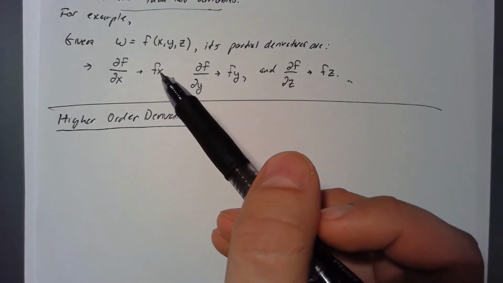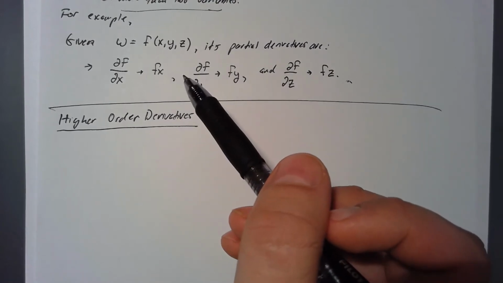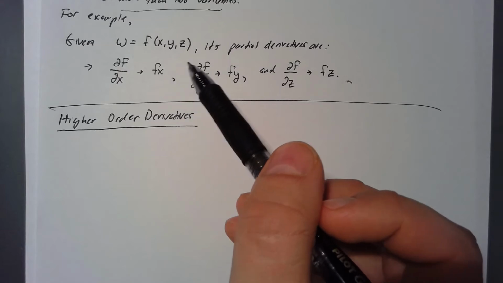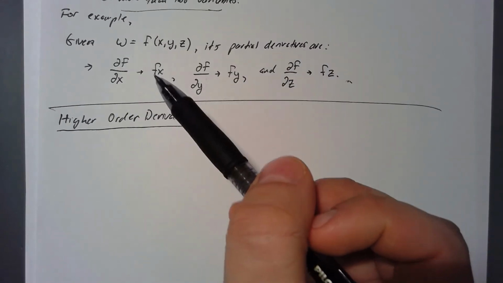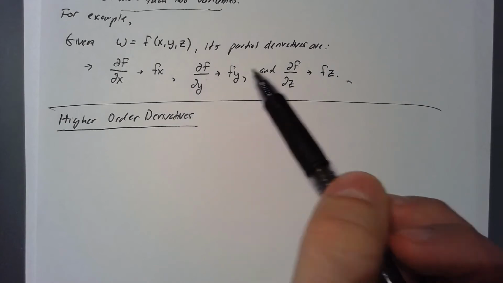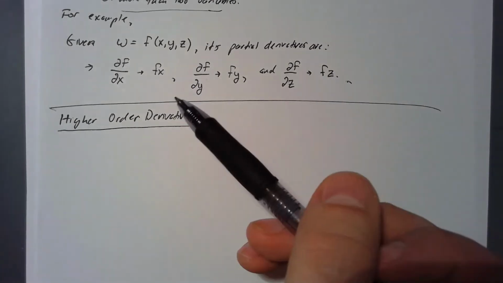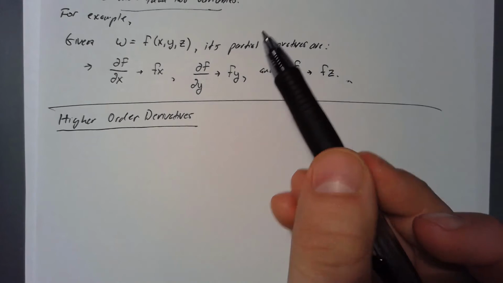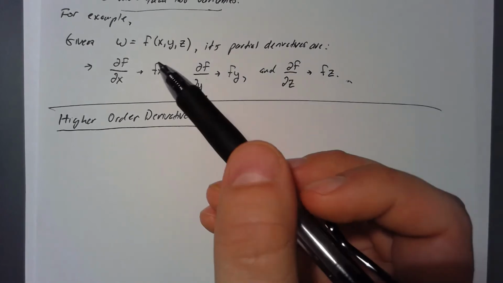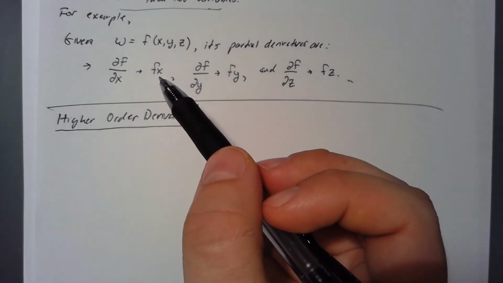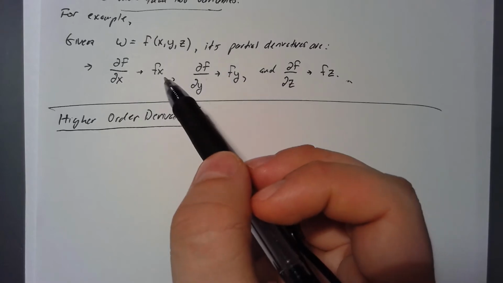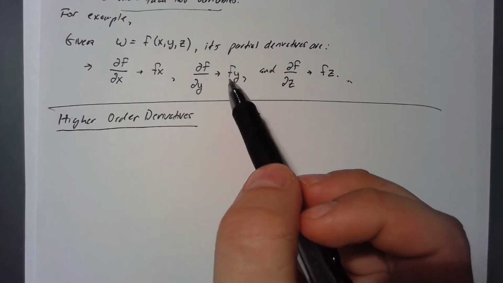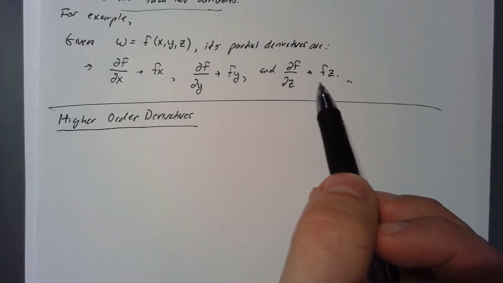Because I have a multivariate function, I have different permutations for each one of these. So what I'm saying is I'm going to have a partial derivative of x, y, and z for this one, x, y, and z for this one, and x, y, and z for this one.